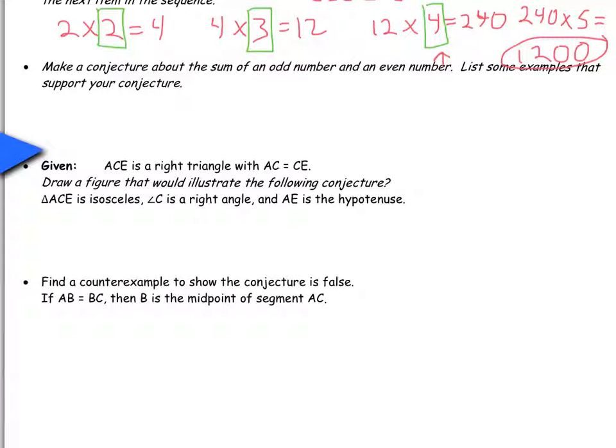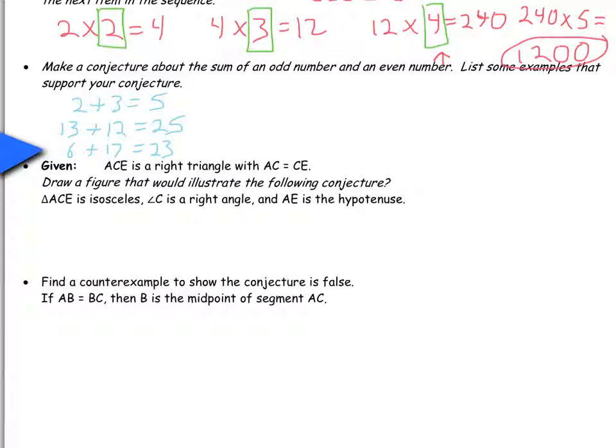Here's an even number, 2, plus an odd number, 3, that equals 5. 13 plus 12, an odd and an even number, equals 25. 6 is my even number and 17 is my odd number. That equals 23.